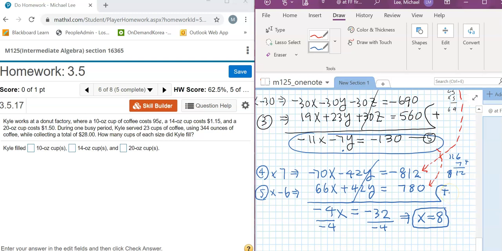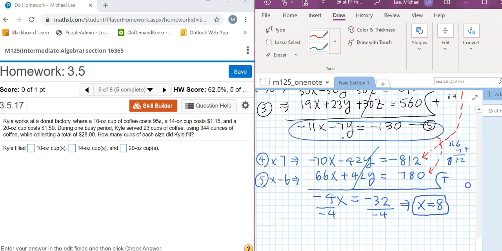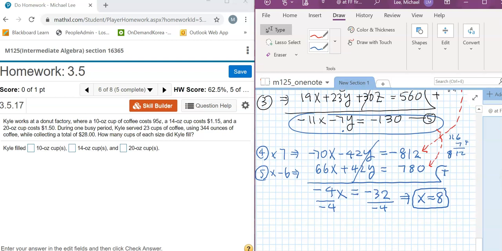They sold 8 cups of the smaller size. Okay. Now, how to solve for y? Just go anywhere when x and y you can find. I'll go like number 5. Okay. From number 5, when you plug in x equal 8, negative 88 minus 7y equal negative 130.